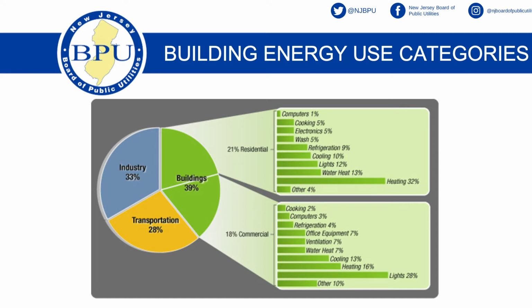Cooling, 10% at home. In a commercial office building, about 13%. The heating in a commercial building, again, these are national averages, is 16%, whereas at home it's twice that. Probably because of the larger envelope in a commercial building.